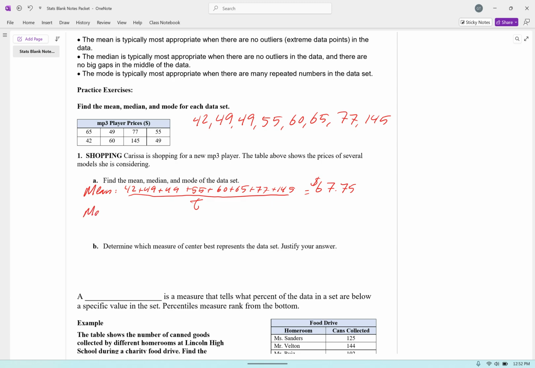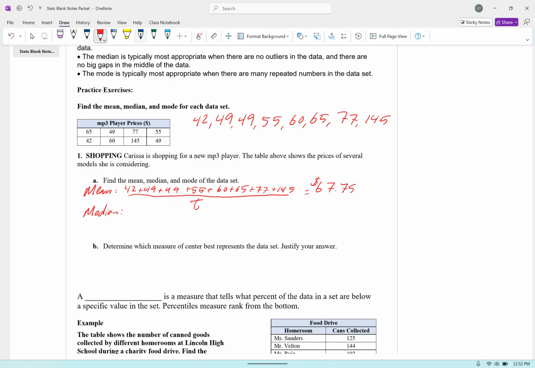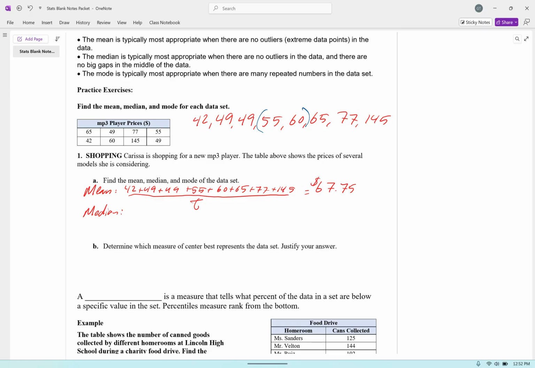I look at the median. Again, I find the middle value. Median is middle, but it's an even number, so I got to take those middle two numbers of 55 and 60. So 55 plus 60 divided by 2 gives me $57.5.